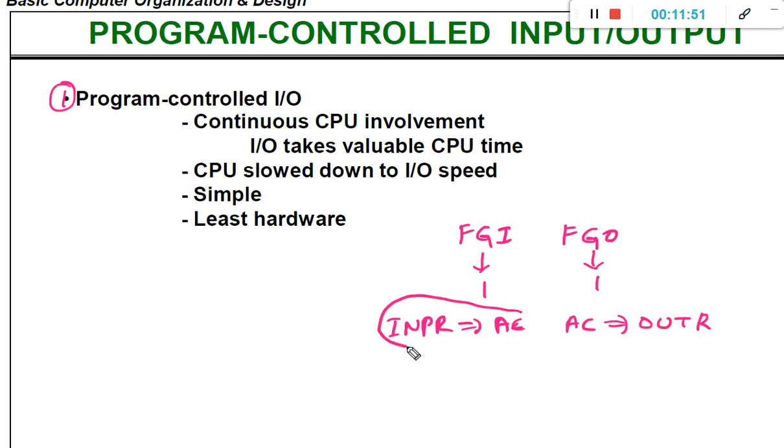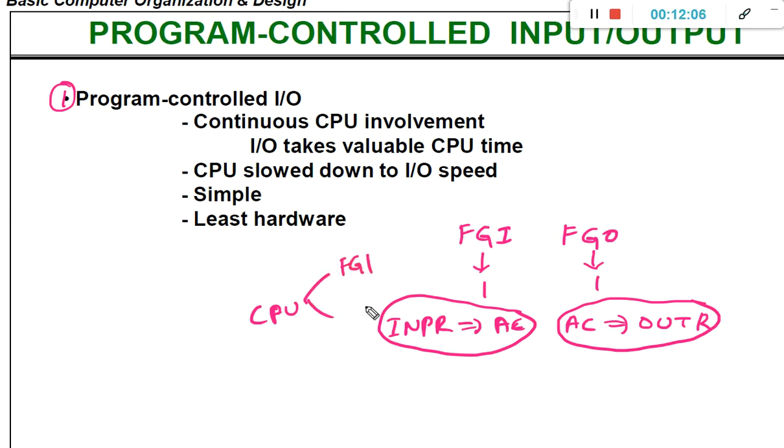These two operations must be carried out by the CPU. That is why the CPU keeps checking the FGI flag as well as the FGO flag, whether it is set to 0 or 1.